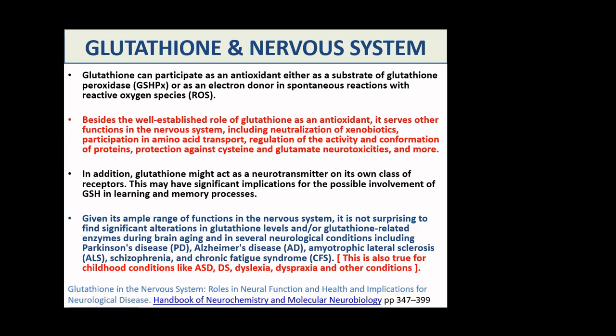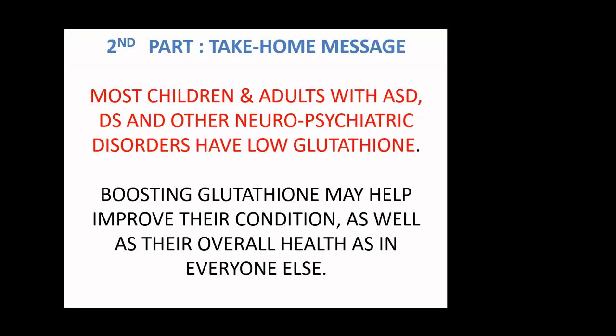And this is also true for childhood conditions like ASD, Down syndrome, dyslexia, dyspraxia, and other conditions. So the take-home message for this second part is that most children and adults with ASD, Down syndrome, and other neuropsychiatric disorders have low glutathione. Boosting glutathione may help improve their condition as well as their overall health, as in everyone else.